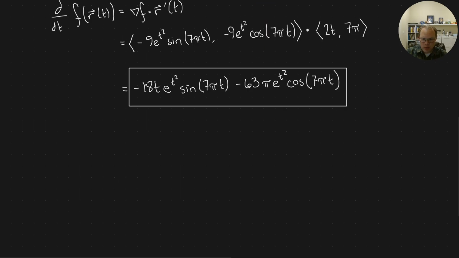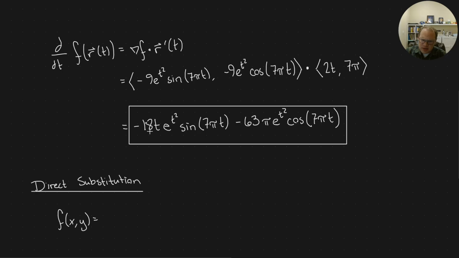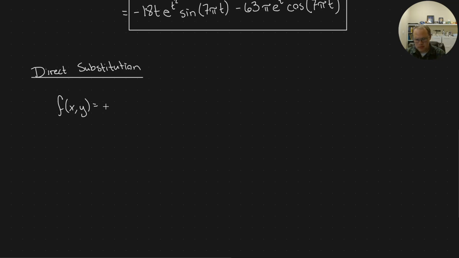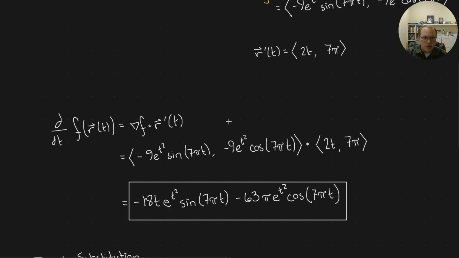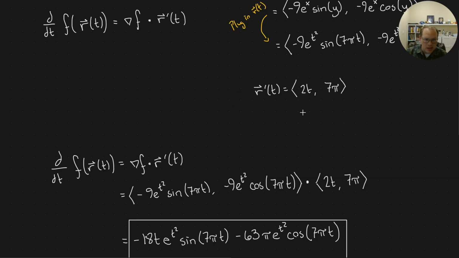So let me just write down my functions for reference. f of x y was negative 9 e to the x sine of y. My two component functions, the x component was t squared, the y component was 7 pi t.